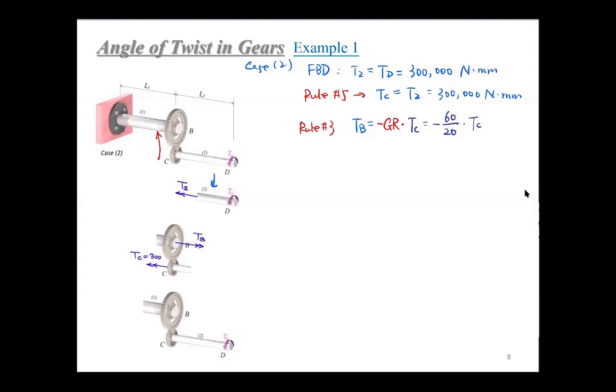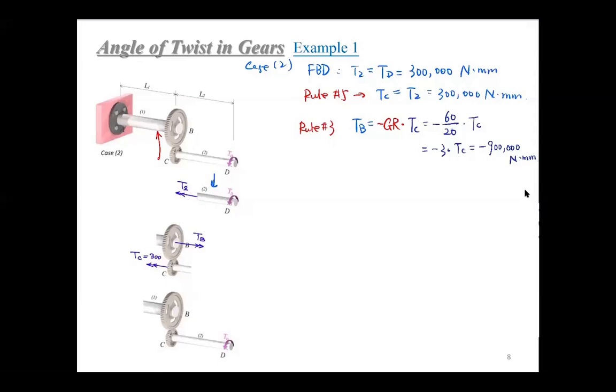Just multiply the smaller torque by a gear ratio larger than 1. So this equals negative 3 times TC, which will be negative 900,000 Newton millimeter. Okay, we got TB.